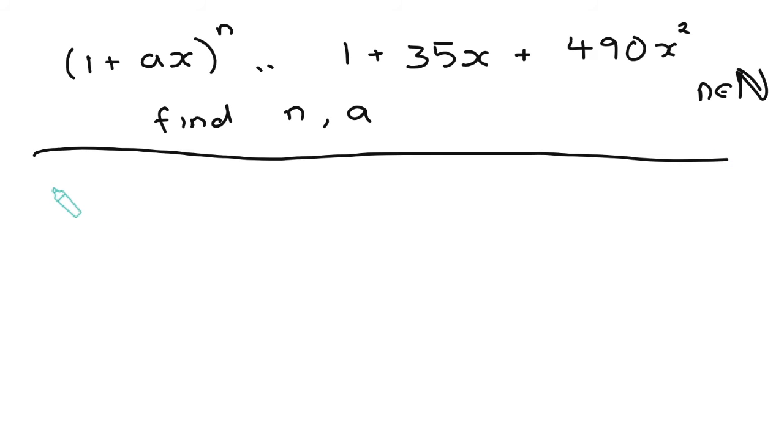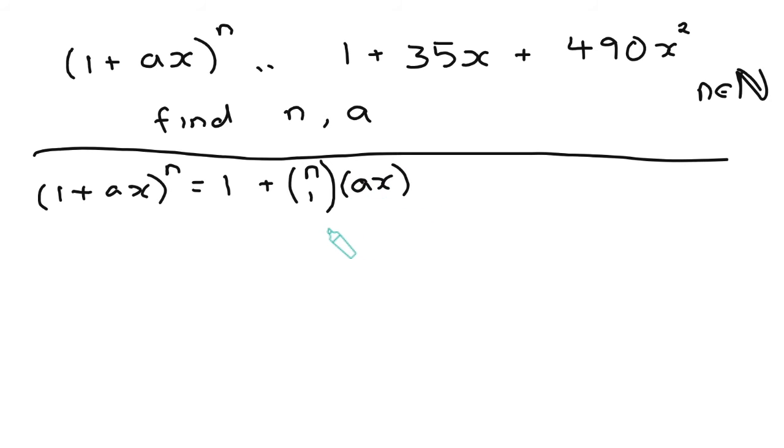Well, the first thing we can do is to start our expansion. So we've got (1 + ax)^n. We're just going to plug it in. So we've got 1 is the first thing, because this is just 1 to the power of n. And then our next term is nC1, 1 to the power of n minus 1, so we can ignore that, and (ax), just pop it in brackets.